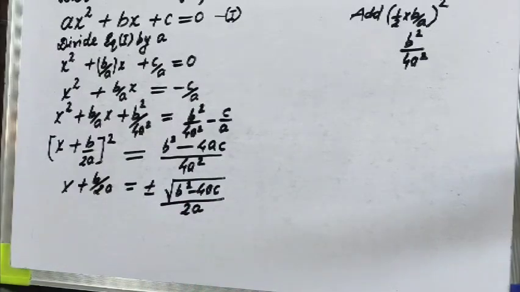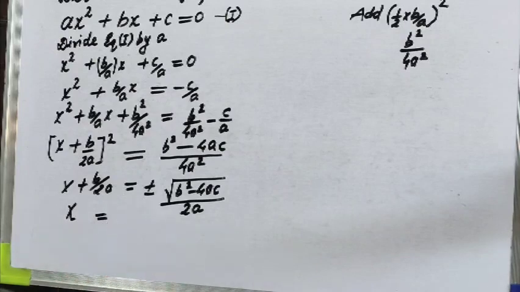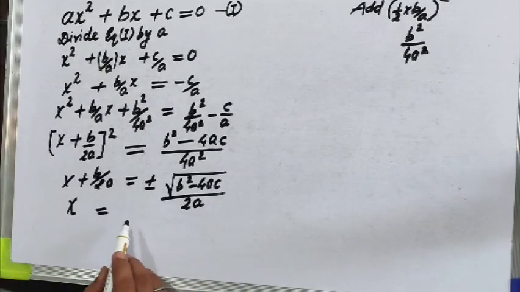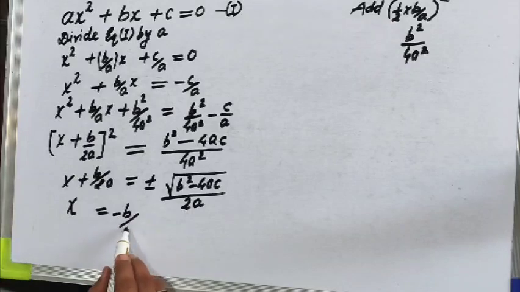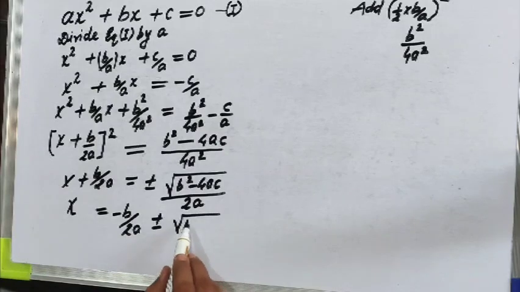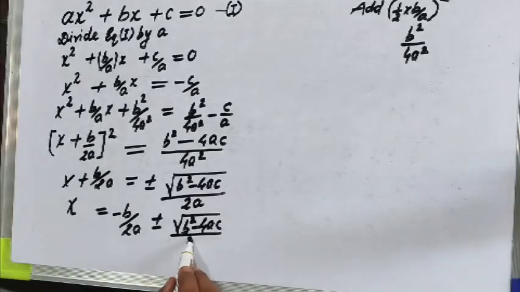Now I would like to find out the value of x. So the value of x will be equal to minus b by 2a plus minus under root of b square minus 4ac divided by 2a.